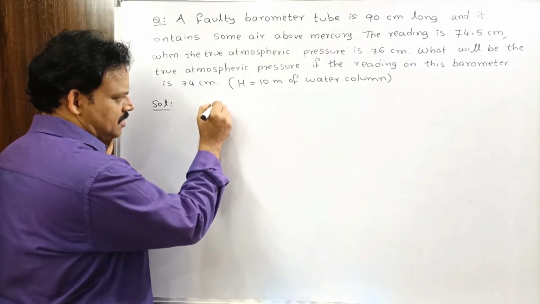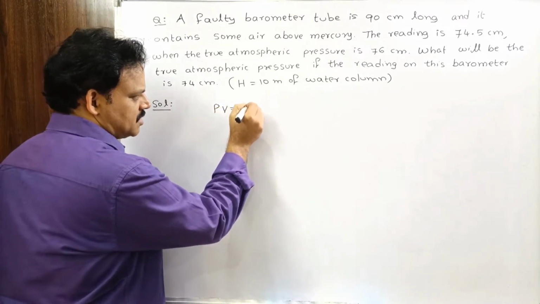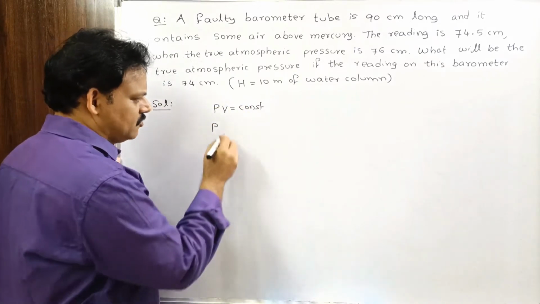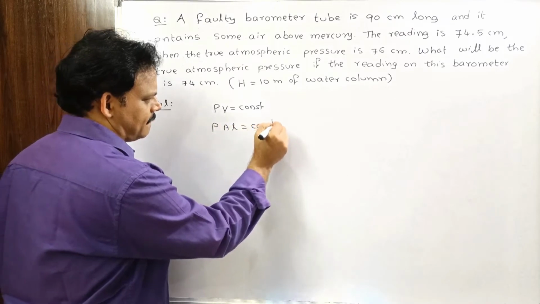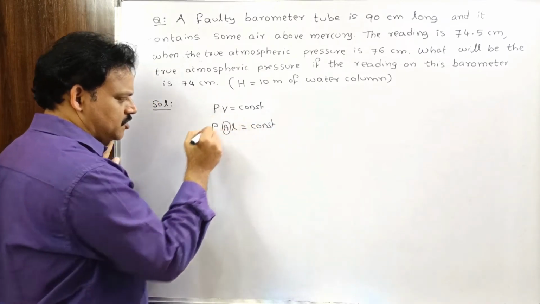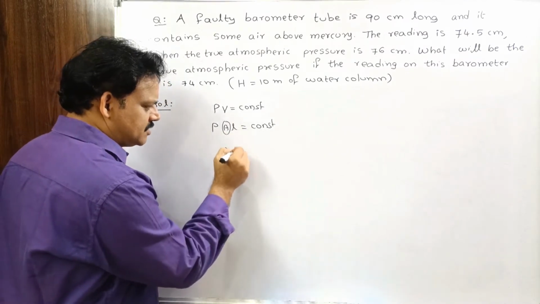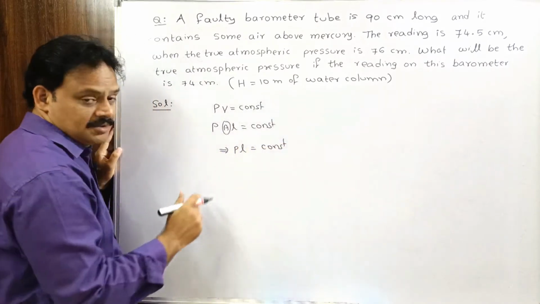Actually, this faulty barometer concept is based on Boyle's law. I think you know that. At constant temperature, the product of pressure and volume remains constant. For a cylindrical shape, volume is area into length, and since the area of a uniform cross-section glass tube is constant, I can write P into L is equal to a constant. So what is P?